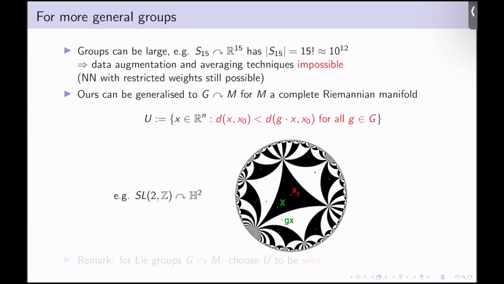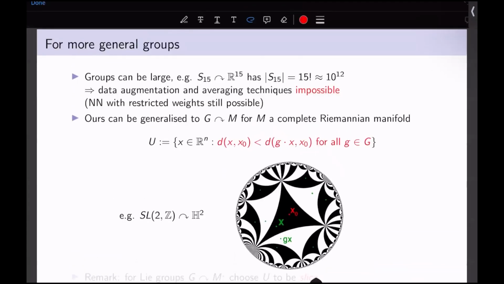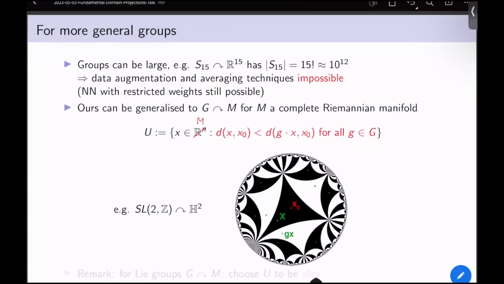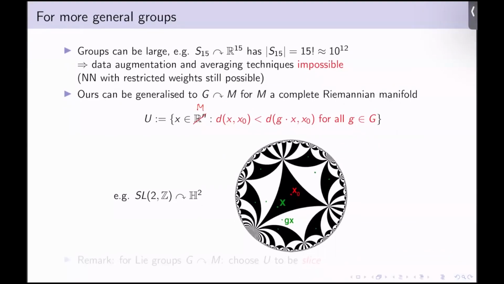And then if you have a distance function, you can write down this set U, which is the points in M which minimize the distance to some fixed point x0 in your manifold.